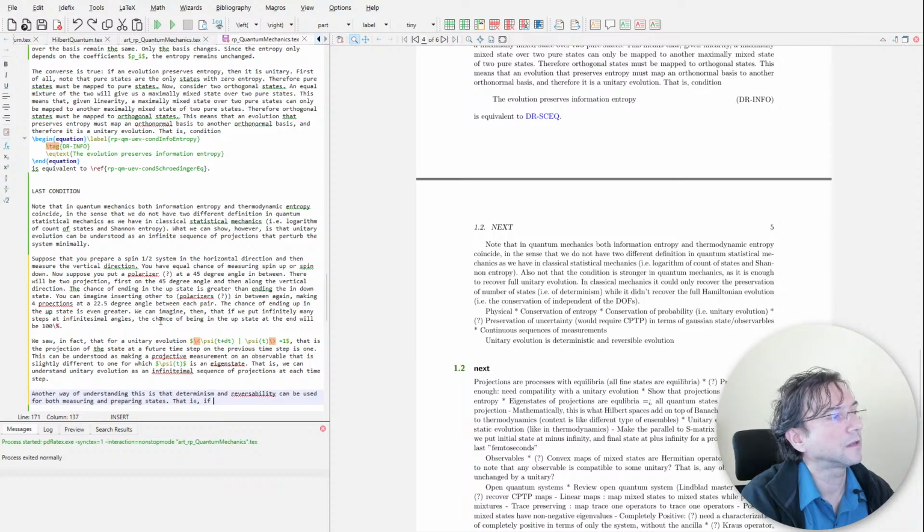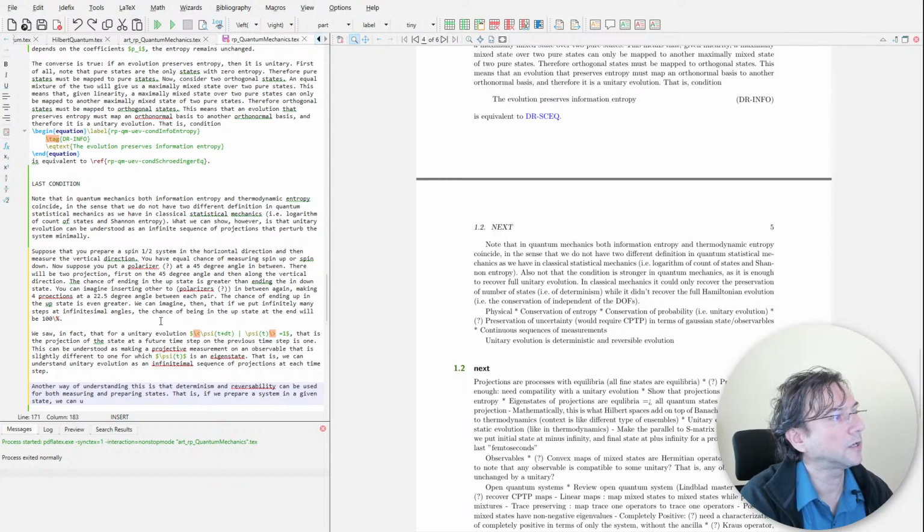That is, if we prepare a system in a given state, we can use a unitary evolution to prepare a system in the future state.